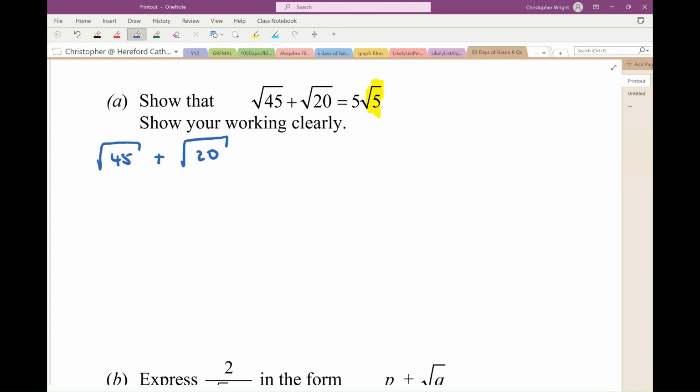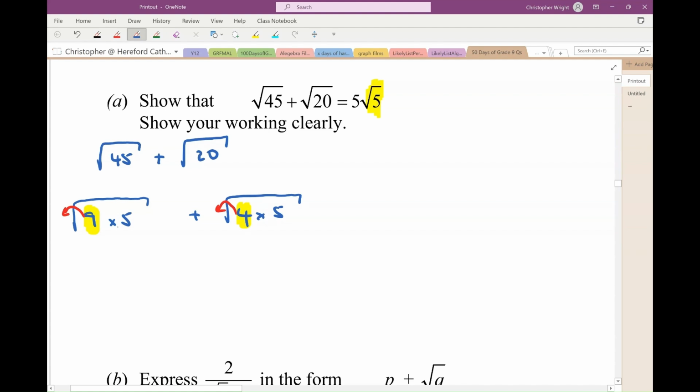Well, that kind of tells me that each of these, root 45 and root 20, I'm looking to split them into something times 5. In this case, 45 is 9 times 5 and 20 is 4 times 5. And now, as I hope you know, I can take the 9 and the 4 out of that square root by square rooting them. So the square root of 9 is 3.